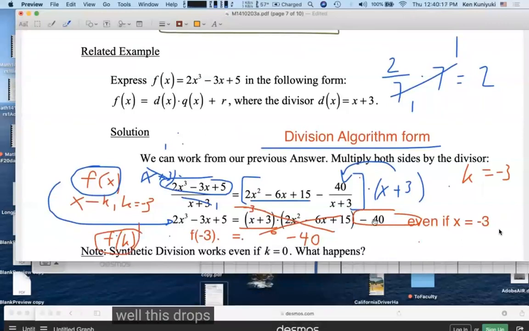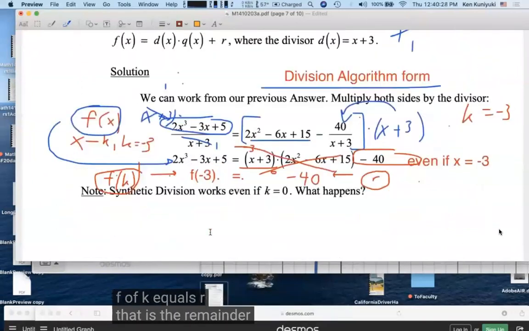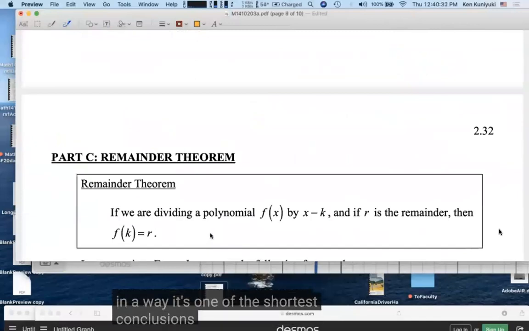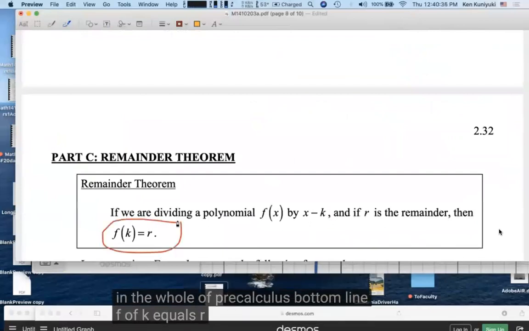Well, this drops out, and it's just the remainder. F of k equals the remainder, r. F of k equals r. That is the remainder theorem. In a way, it's one of the shortest conclusions in the whole of precalculus.